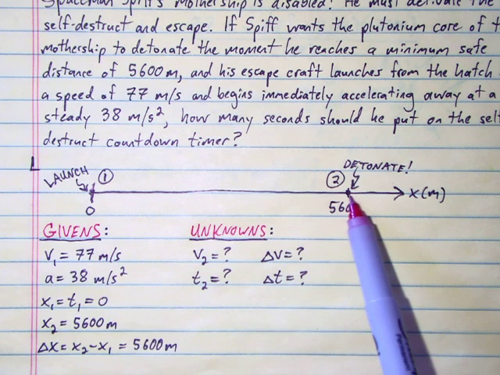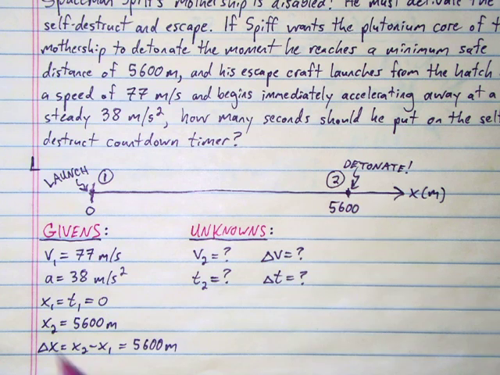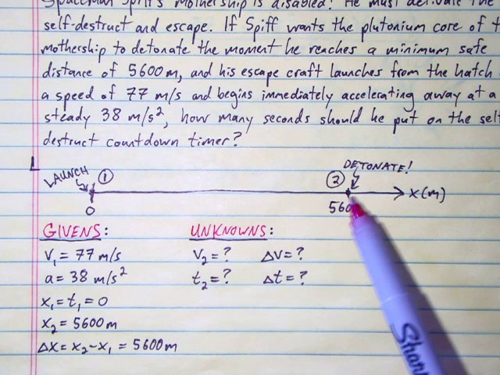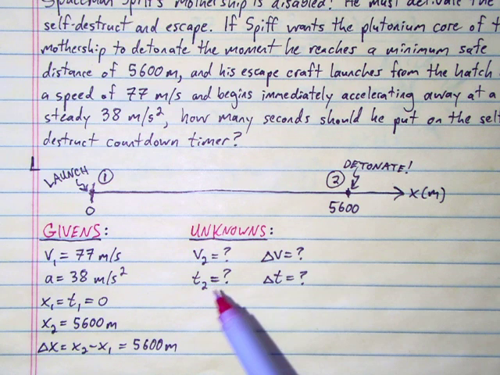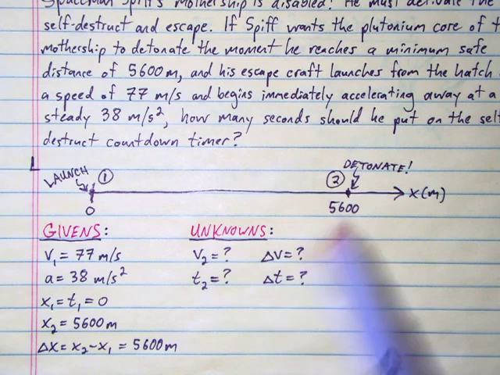We know his position at event 2, and therefore the displacement between events 1 and 2. What we don't know is what his velocity will be when he reaches event 2, and we don't know how long it will take him to get there. That's what we want to find out so that we can make the ship detonate when he reaches this point.